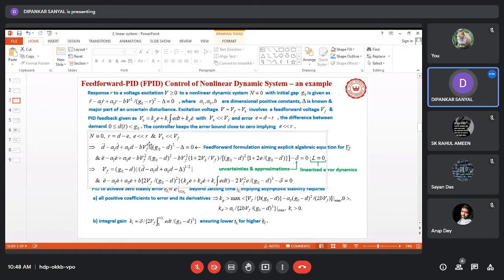So now from this equation, we obtain the equation for the feed-forward voltage.